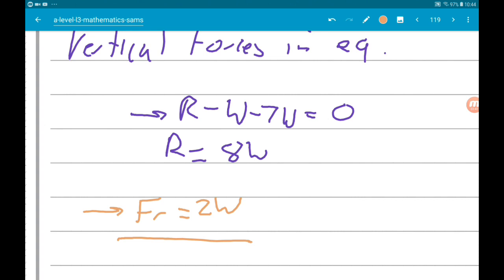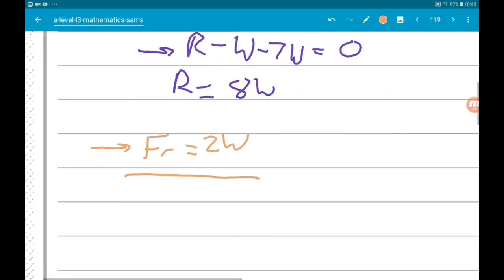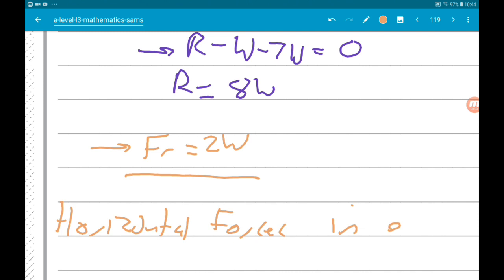Then we should probably mention that the horizontal forces are in equilibrium. Okay, so there are two cases.